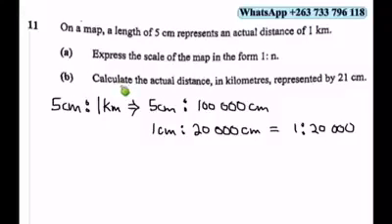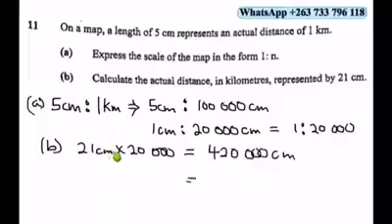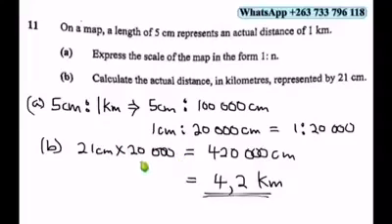Then on part B, calculate an actual distance in kilometers represented by 21 centimeters. Therefore, just multiply the map distance times n. So it's 21 times 20,000. So 21 times 2 is 42. Then we have 4 zeros.